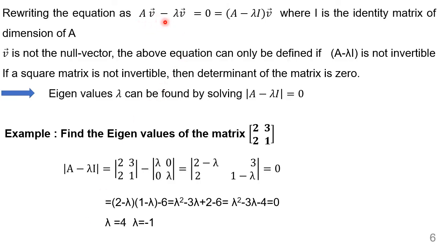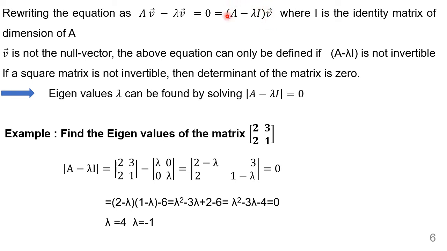We will rewrite the equation as (A minus lambda I) multiplied by vector V equals 0, where I is the identity matrix of the same dimension as A. If A is a 2 cross 2 matrix, then I also should be 2 cross 2. And you know that V cannot be the zero vector.